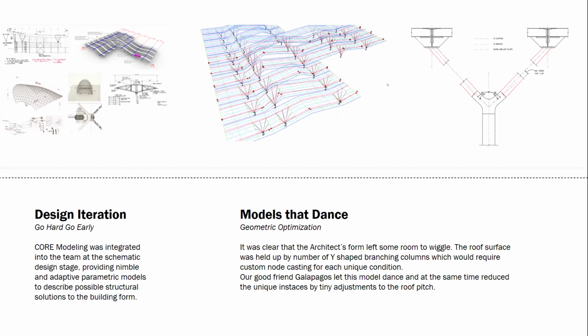So the architect's roof geometry was not completely fixed at this point, and we noticed that there was going to be a large number of unique columns beneath the roof surface to support it. Obviously, that results in a higher degree of fabrication costs, so we suggested possibly making some very slight changes to the roof pitch to try and limit the number of unique instances. Again, only possible because we were integrated at early stages.